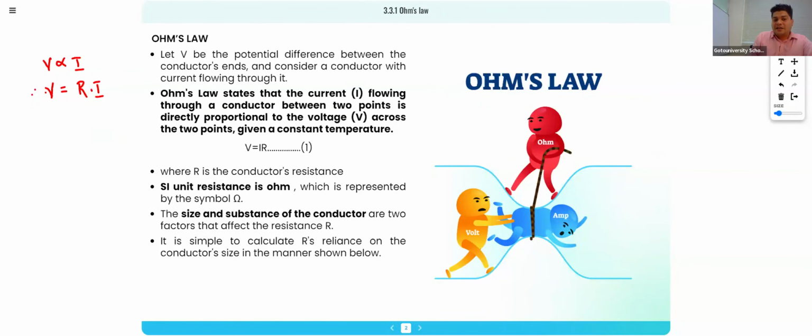It is measured by a device, a resistor. And what is the symbol for resistance? It is ohm. Resistance depends on material and size. What do you mean by size? Size means area and length.